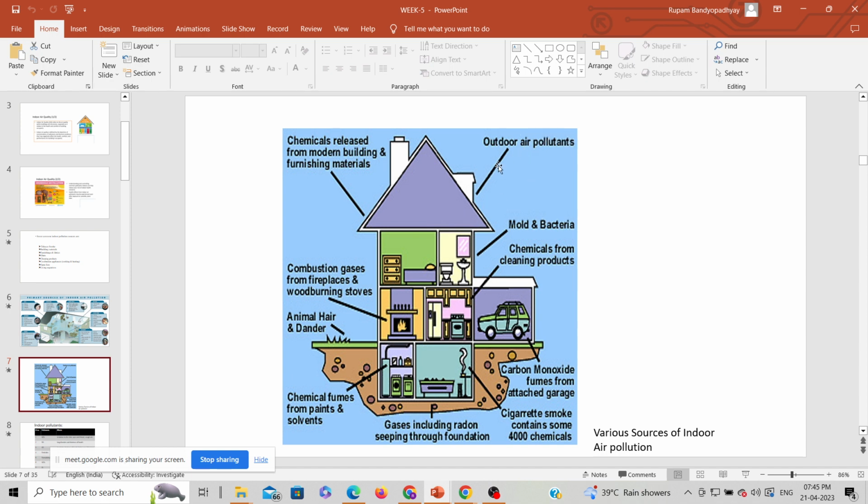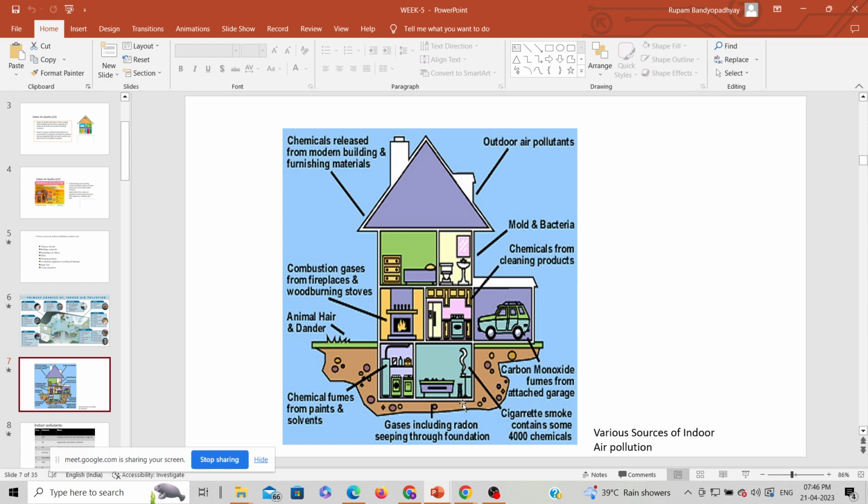Outdoor air pollutants can enter the building, and chemicals from modern building and furnishing materials also contribute to indoor air pollution. Combustion gases from fireplaces, wood burning stoves, the kitchen, or the furnace area also contribute. Carbon monoxide fumes from the garage, generally released due to incomplete combustion of fuels, also contribute.